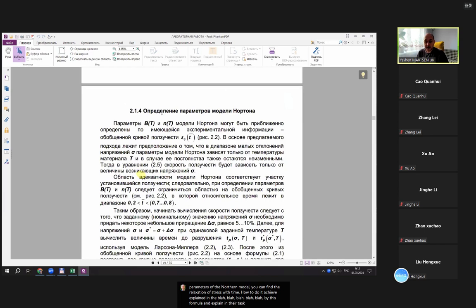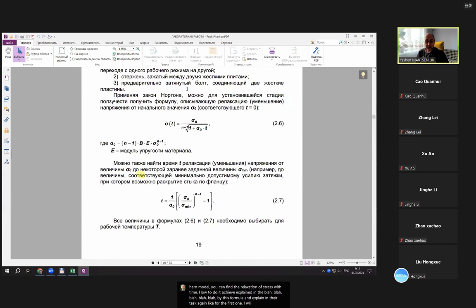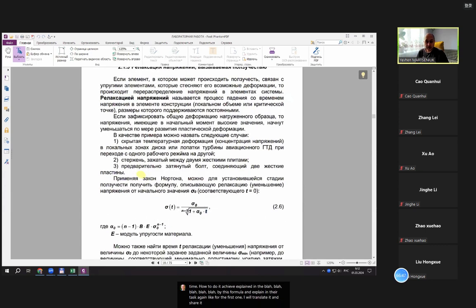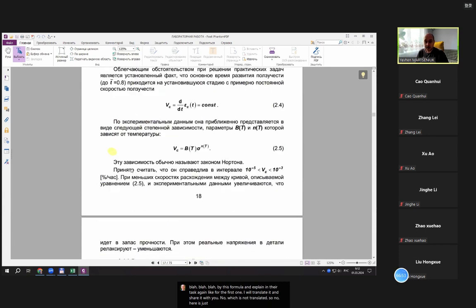Again, like for the first one, I will translate it and share it with you. Now it is not translated, so now here is just a variance. Variance 1, 2, 3, 4, 5, and so on up to 9. I already provided the variance to you.